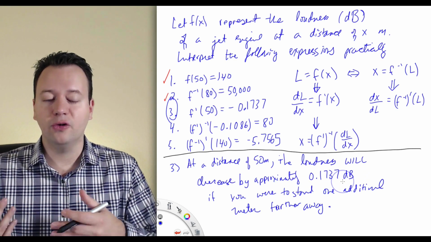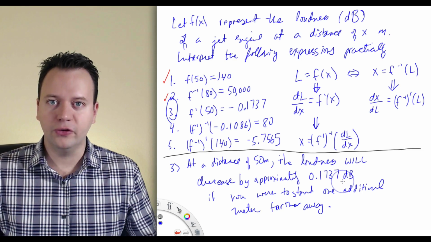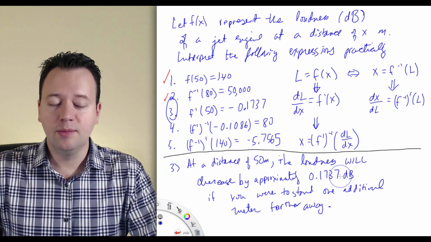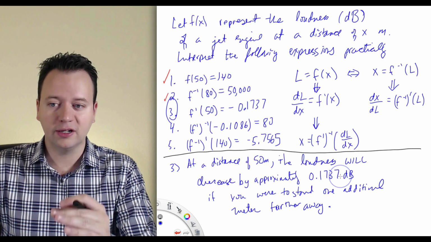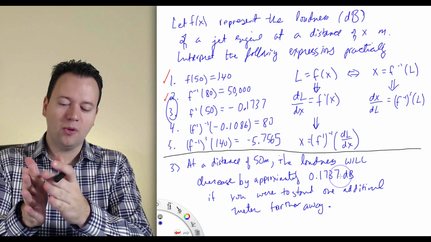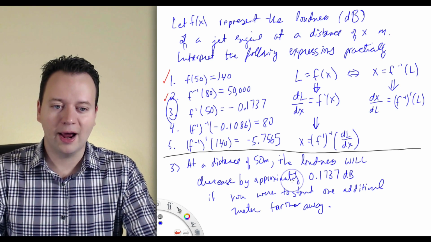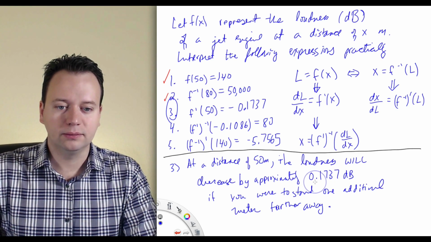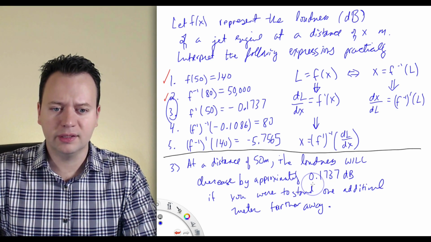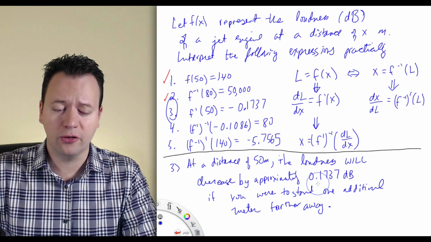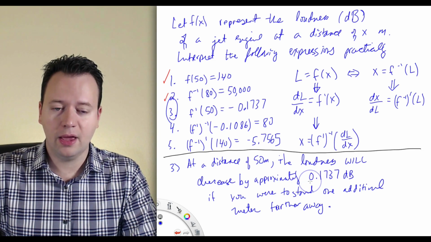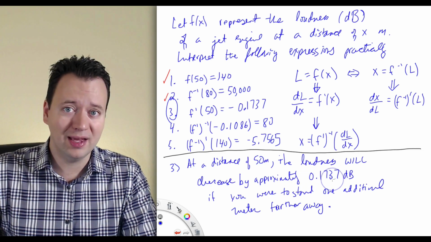Now you don't want to say that for every meter farther away that you stand it will decrease by this, because this is just a local approximation. And in fact, the smaller the step, the more accurate this gets. So if you stand 1/10 of a meter farther away, the loudness will decrease by approximately 1/10 of this, right?